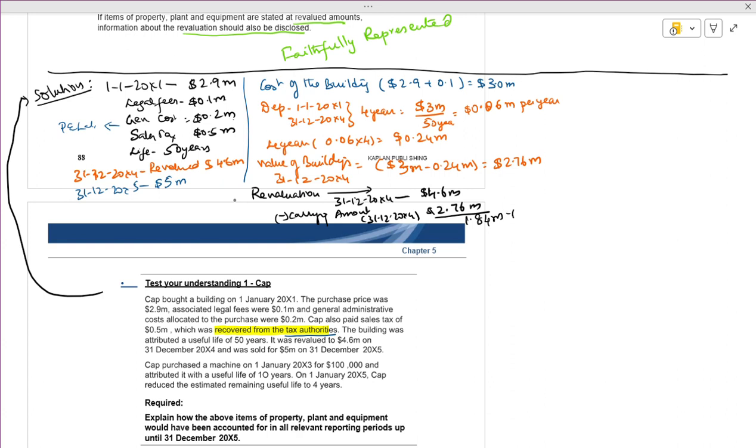This is the revaluation gain. Fine. What we have to mention here? Revaluation gain has to be transferred to revaluation gain.